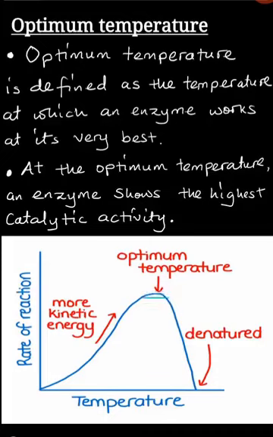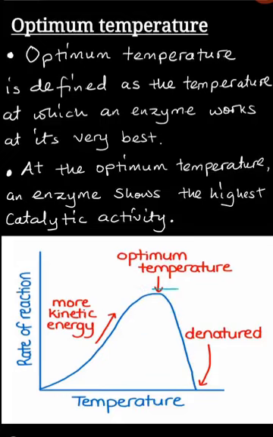That temperature there is what we call the optimum temperature. So the optimum temperature is simply the amount of temperature at which the speed of enzyme action is at its very highest. The highest point in enzyme catalyzed reaction is what we call the optimum temperature, the temperature right there.